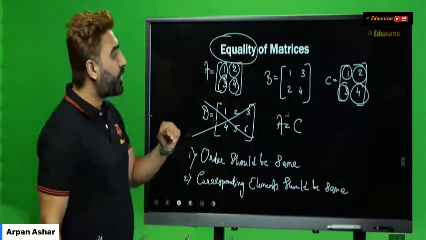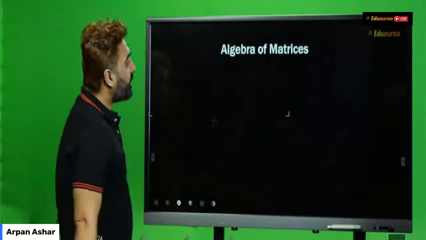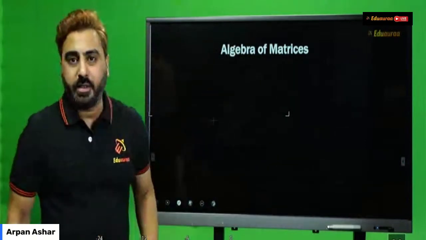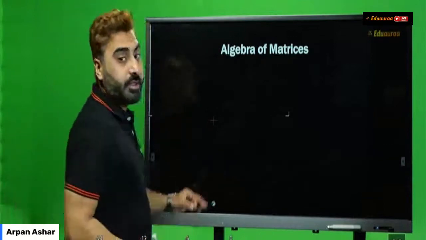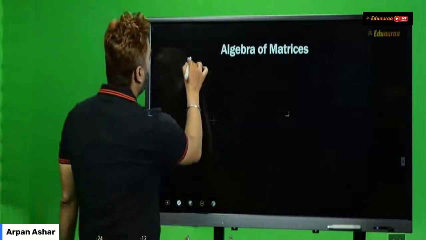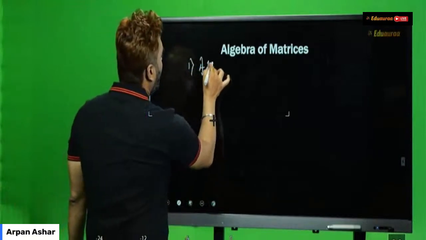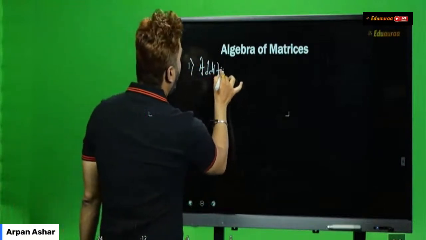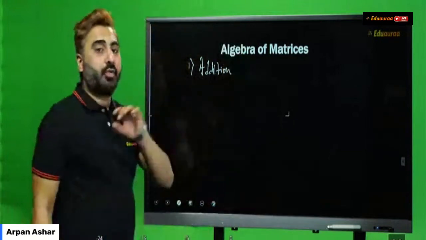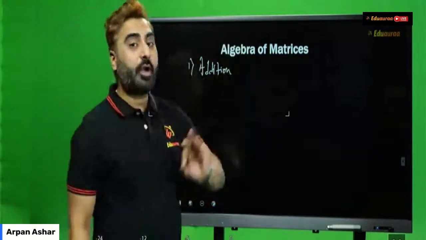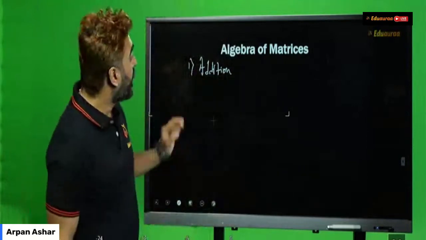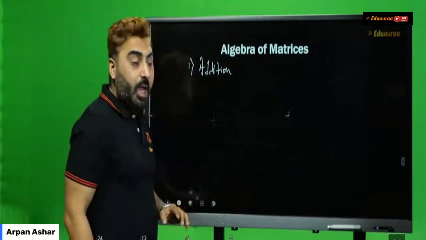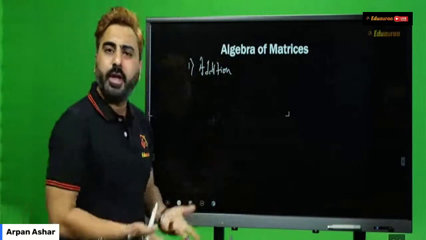Now students, after equality of matrices, we have something called algebra of matrices. What is this algebra of matrices? The first part is your addition. How can you add two matrices? The condition for addition is order should be same. How to add? Corresponding elements.